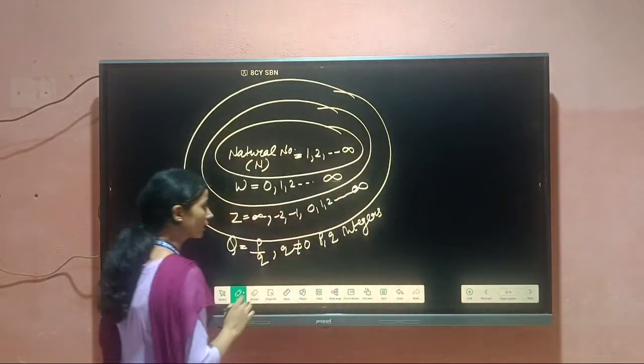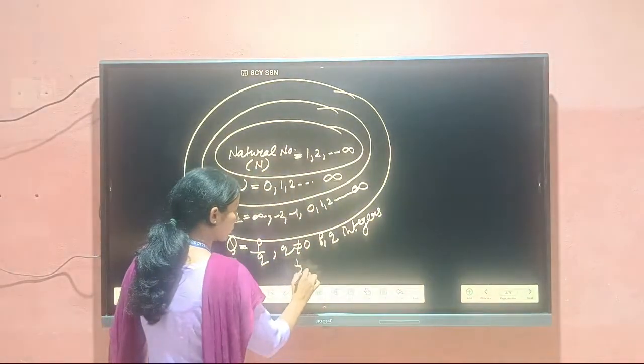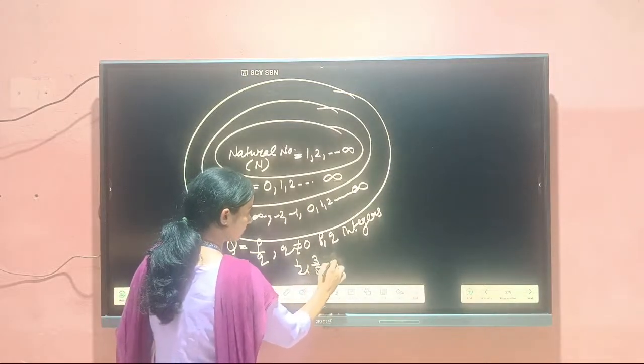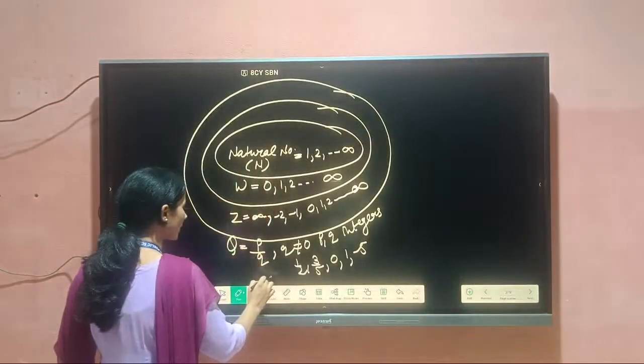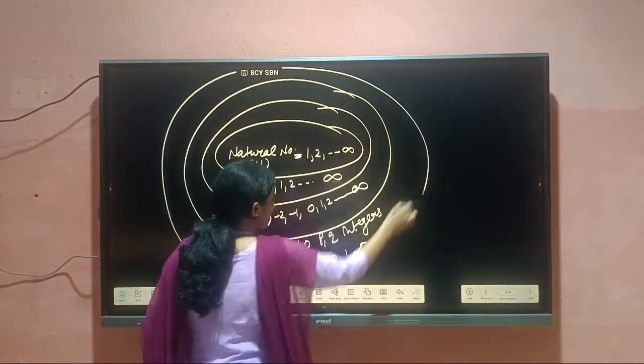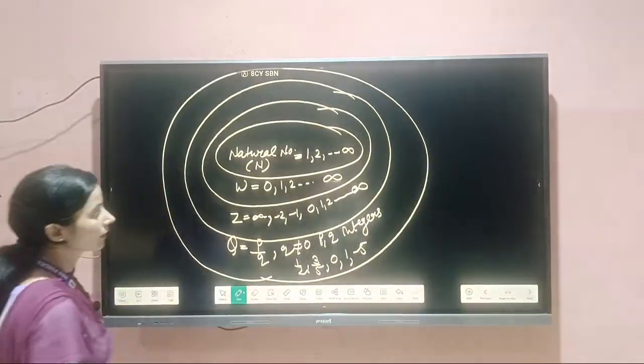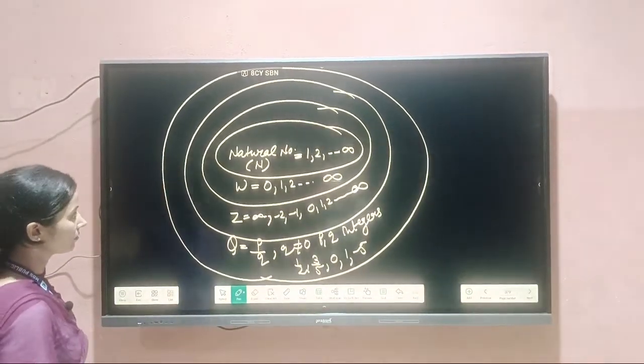What could be its example? 1/2, 3/5, 0, 1, -5. These all are examples of rational numbers.